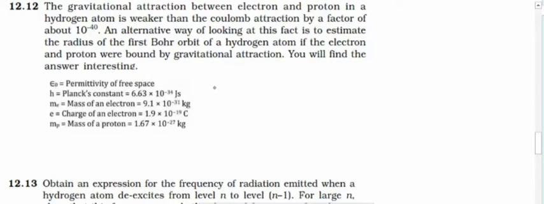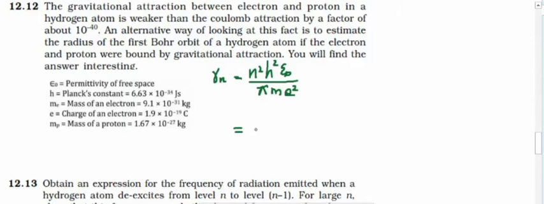We have the formula Rn is equal to n square h square epsilon naught divided by pi m e square. Now divide and multiply this equation by 4 pi.